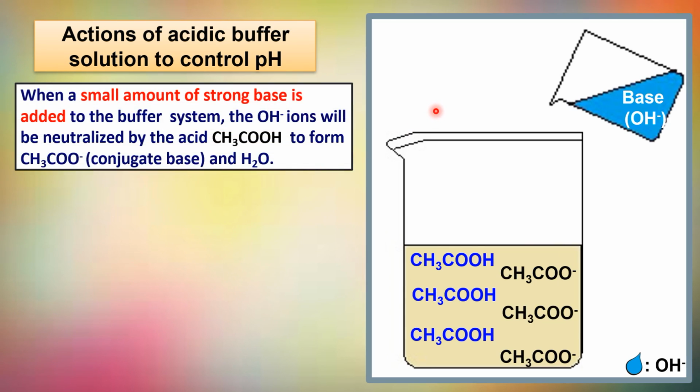This is for addition of strong base. When a small amount of strong base is added to the buffer system, the OH minus ion will be neutralized by the acid to form conjugate base.